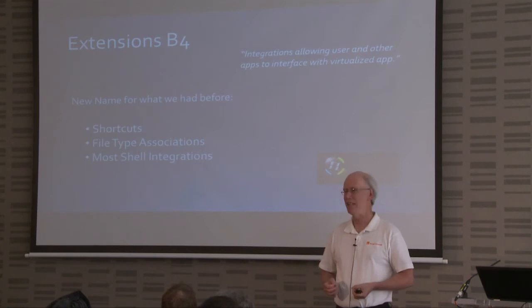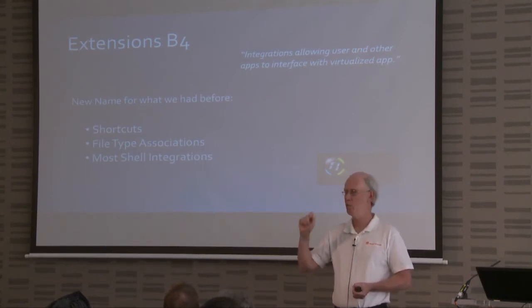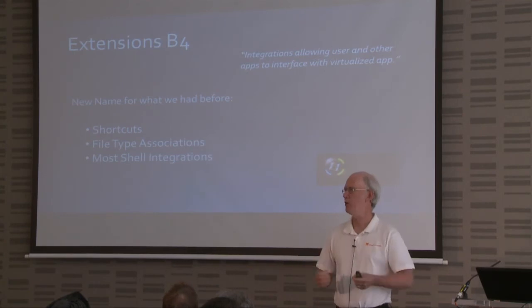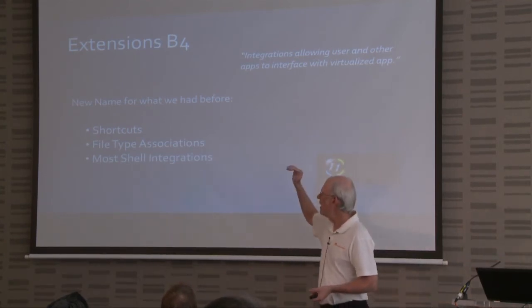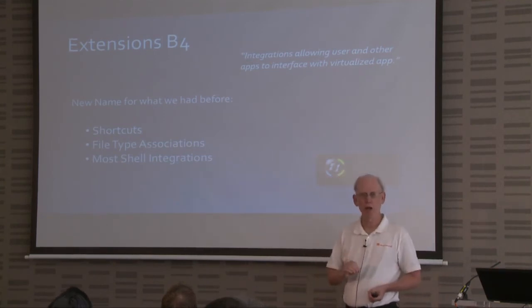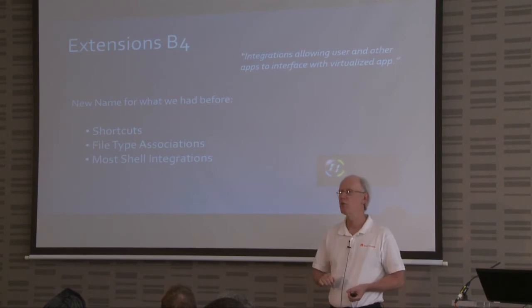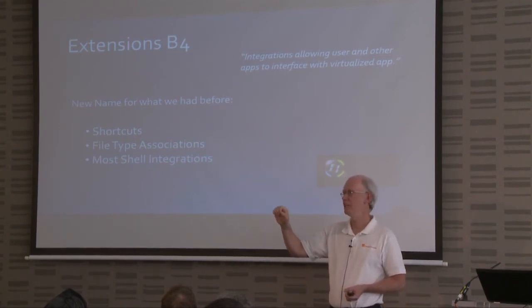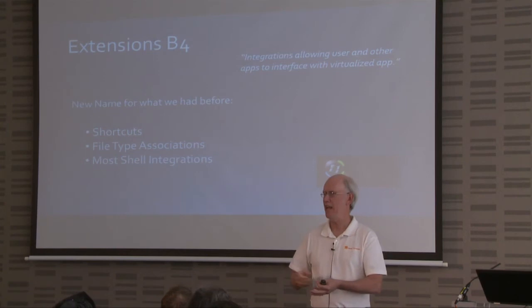Say a PDF file, and have that look like the Adobe Reader icon, and when they double click on it, it launches Adobe Reader. Okay? And App-V has always supported the shortcuts and the file associations really well, and also to some extent what we refer to as shell integrations, which means they right click on a particular file type, and it'll say open, edit, play, whatever that application verb wants to put there, which would then launch the application.